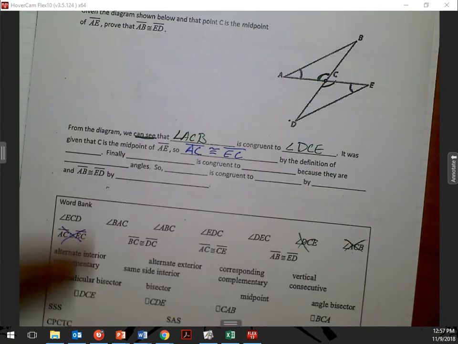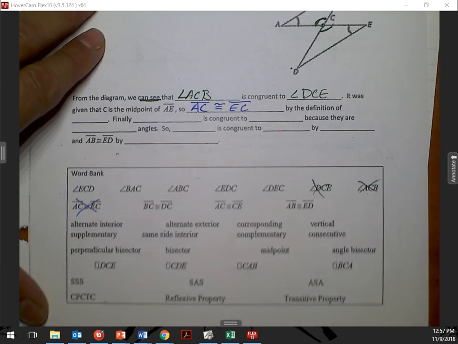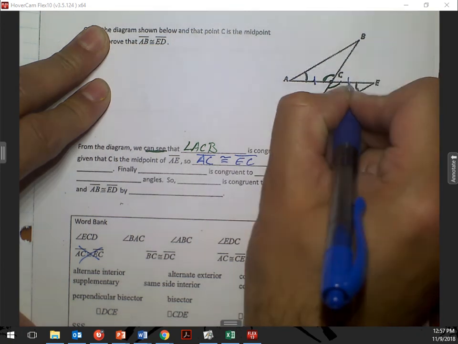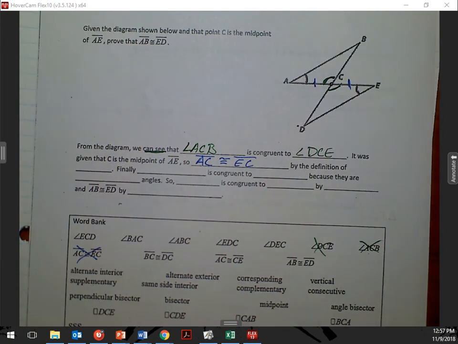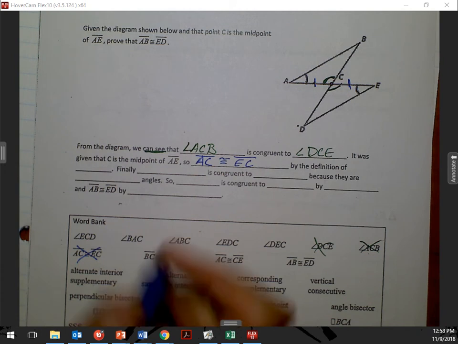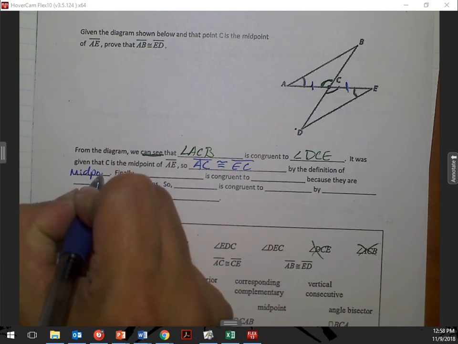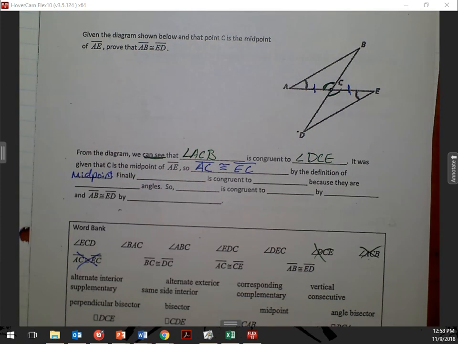Let's go ahead and mark that. By definition of midpoint.